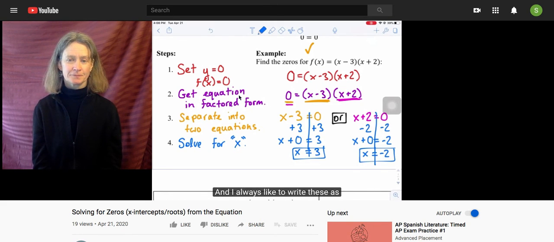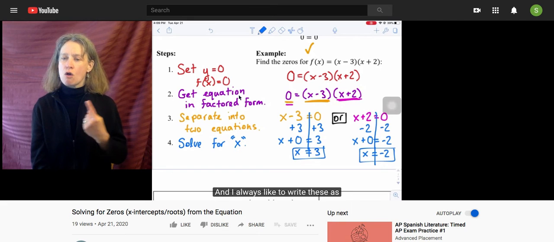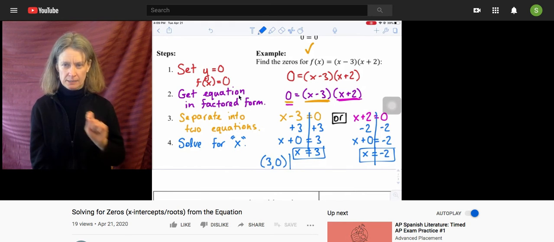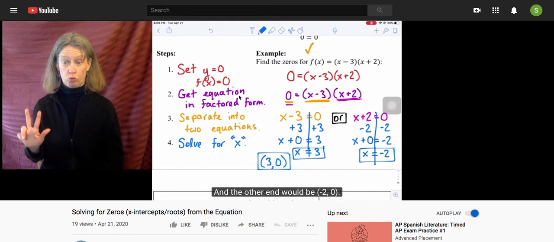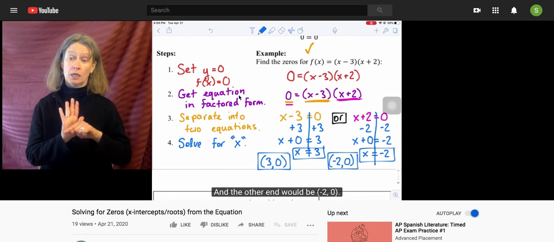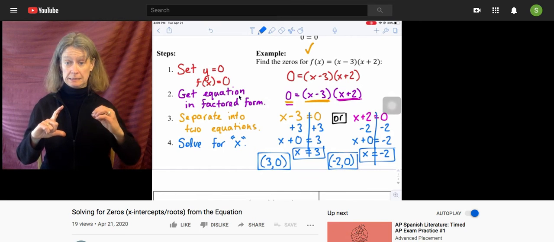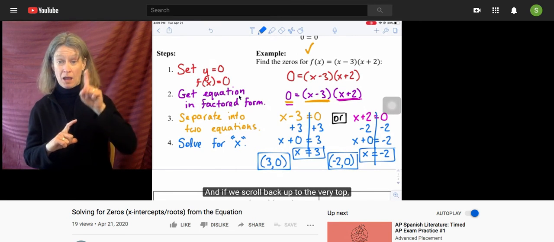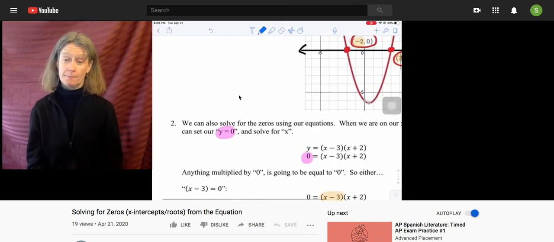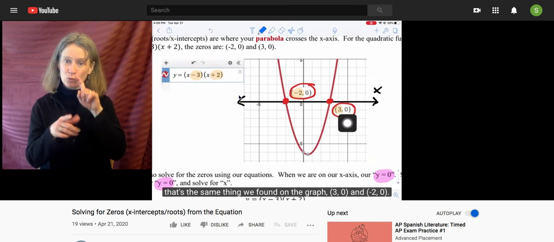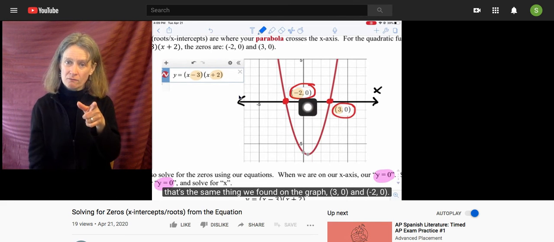And I always like to write these as points. So this would be 3, 0, when y is 0. And the other one would be negative 2, 0. And if we scroll back up to the very top, that's the same thing we found on the graph, 3, 0, and -2, 0.